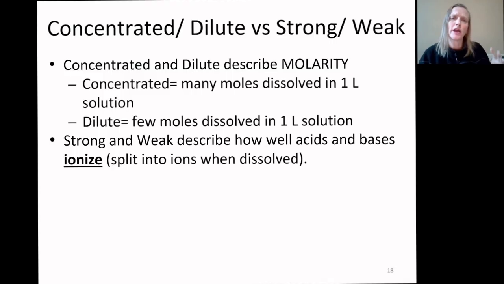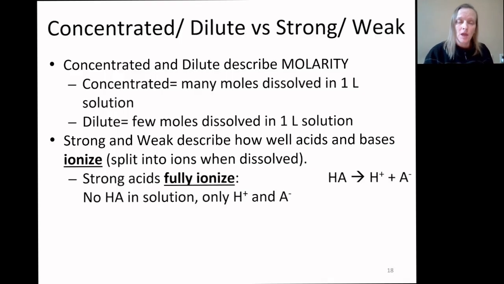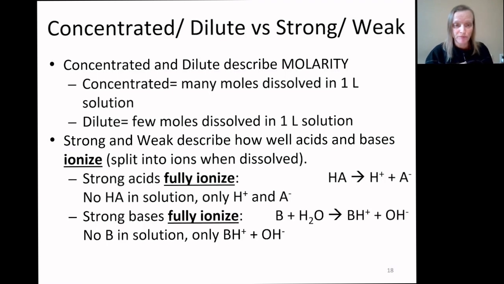On the other hand, strong and weak describe how well acids and bases ionize, how well they split into their ions when dissolved. What makes an acid or base strong is that they fully ionize. So a strong acid fully ionizes. It separates into its hydrogen ions, because all acids have hydrogens, and some negative ion to balance that charge.